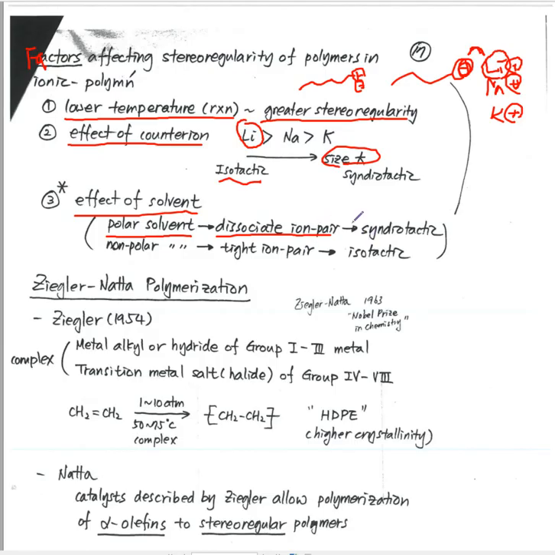Then the tacticity gets lower, so compared to isotactic, syndiotactic polymers tend to be formed more. But in the case of a non-polar solvent, it affords a tighter ion pair. These interactions are tighter, which means that the distance between these two ions becomes smaller. Then we can generate more isotactic polymers.